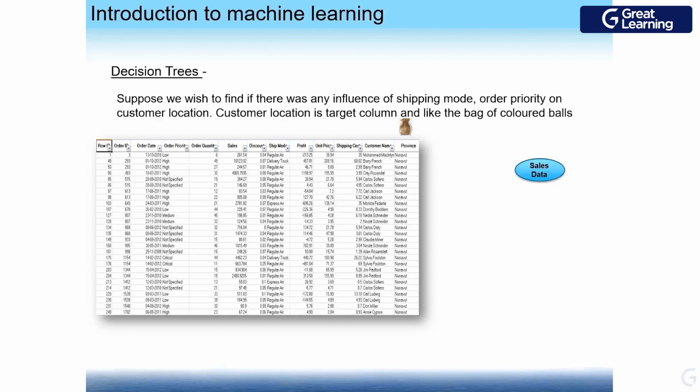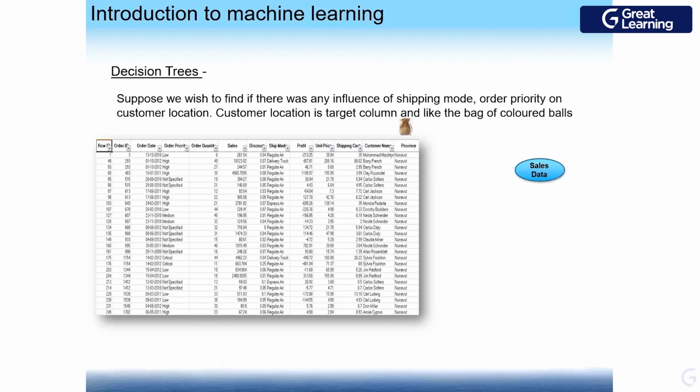You're a data scientist working in one of these retail giants. The task assigned to you is, can you build a model which, by looking at the various other attributes, will help me decide where this customer is located. So the last column is the location column. The screen size is limited, so I've shown you only a subset of the data set.